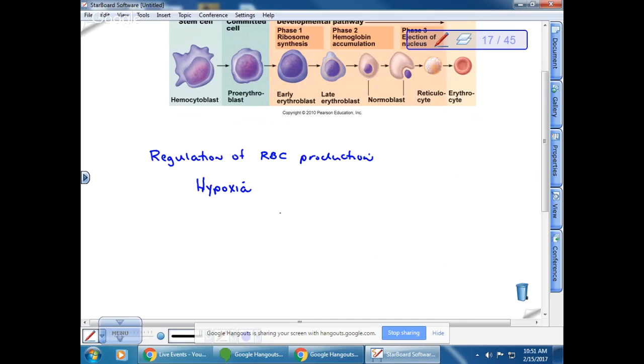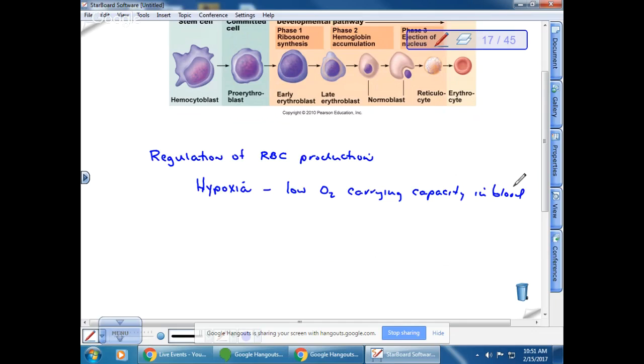So hypoxia means that you have low oxygen carrying capacity in the blood. This could be for a variety of reasons. It could be that you've been wounded and you're hemorrhaging, like maybe you have ulcers in your stomach and you've lost a lot of blood. Or it could be that, for example, you don't have enough iron and so you're not producing enough hemoglobin. Okay, so there are many reasons why we could have hypoxia.